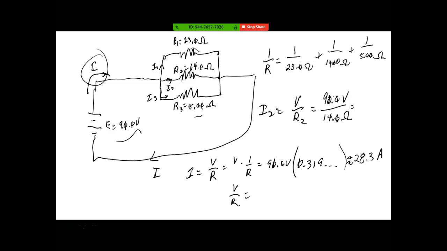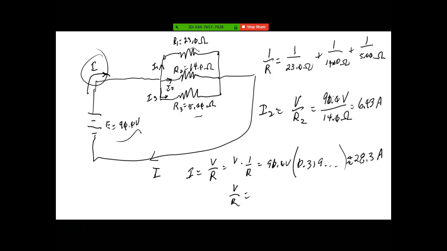I got 6.43. That sounds pretty good. 90 divided by 14 equals 6.43. 6.43 what? Amps. Yes, 6.43 amps.